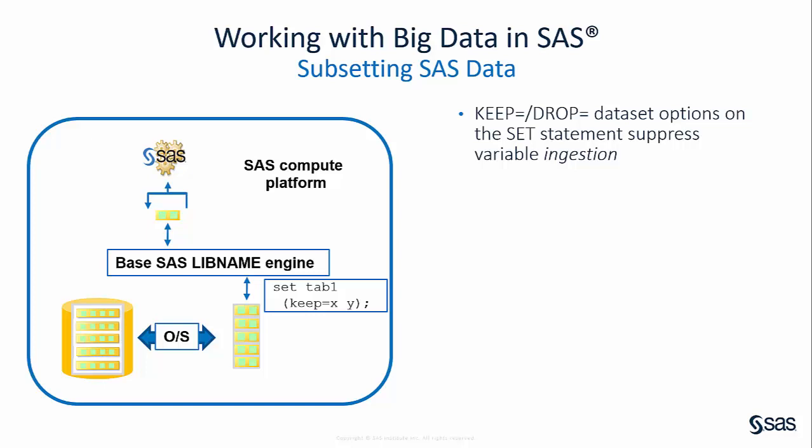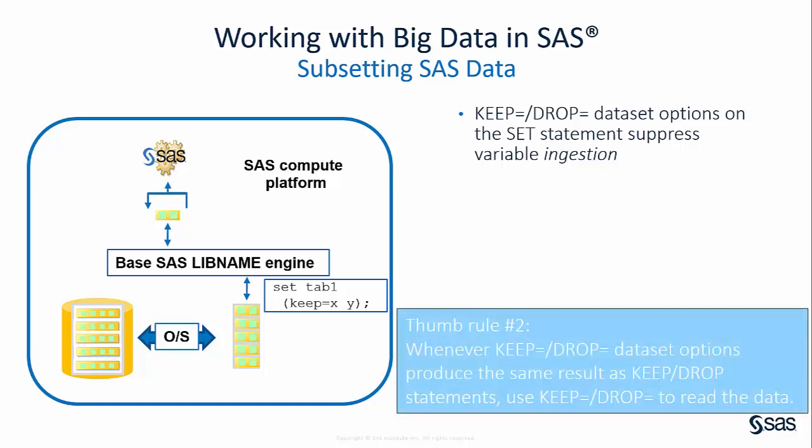This can reduce data movement again, both in and out, and can save considerable compute resources. So rule of thumb number two, if a KEEP= or DROP= data set option on the SET statement will produce the same result as a KEEP or DROP statement in the code itself, then use the data set option.